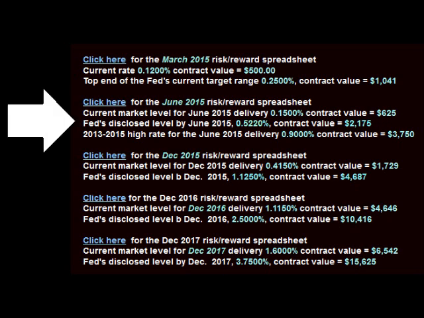The June 2015 delivery is currently trading at 0.15. Contract value $625. Should this contract move up to the Fed's disclosed level by the end of June 2015 of 0.5220, the contract value will appreciate to $2,175.